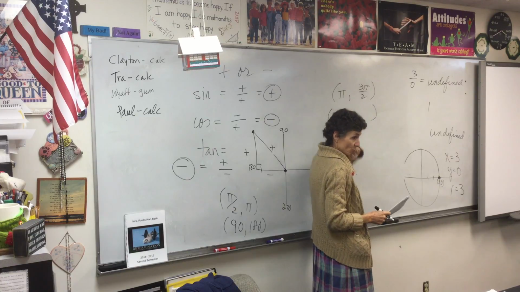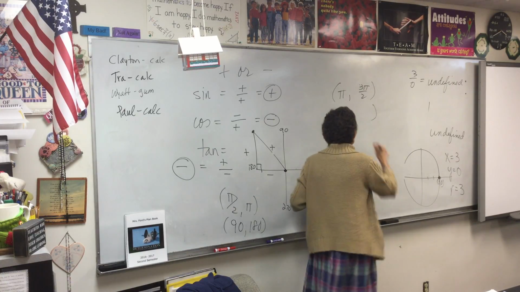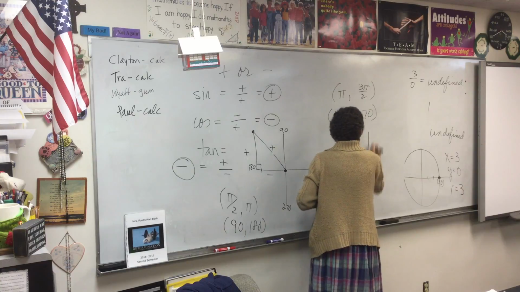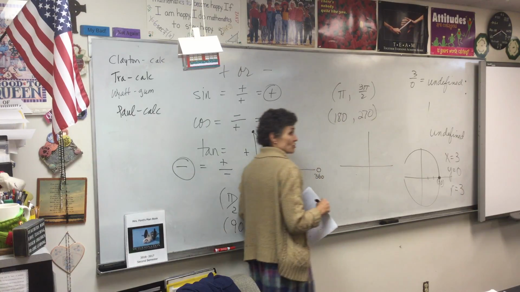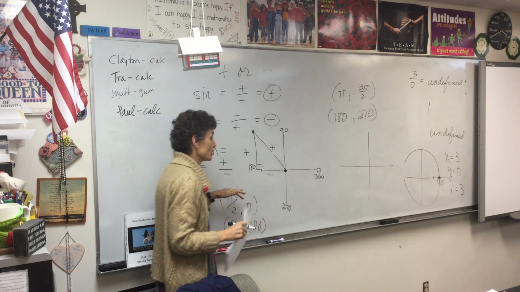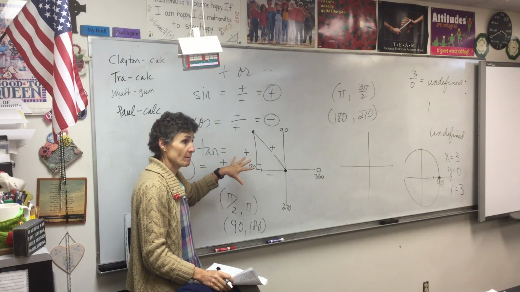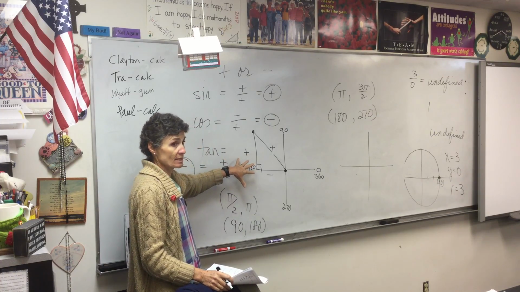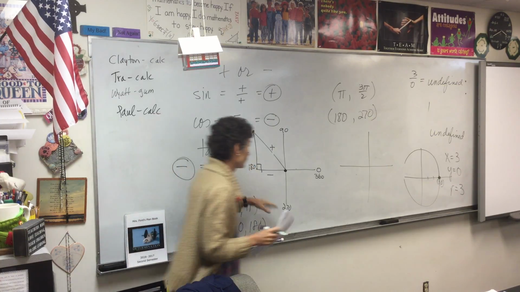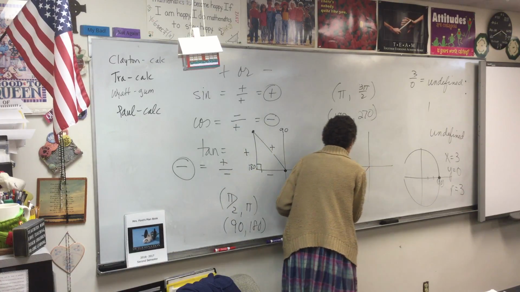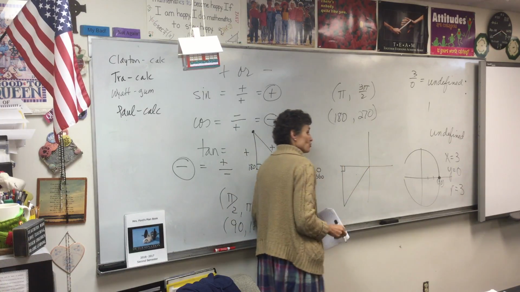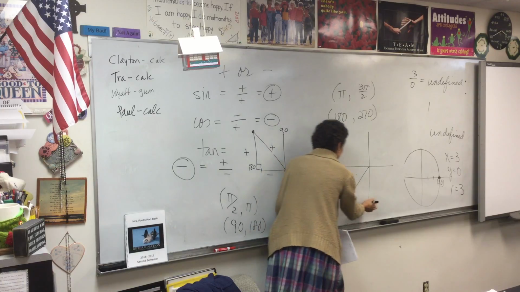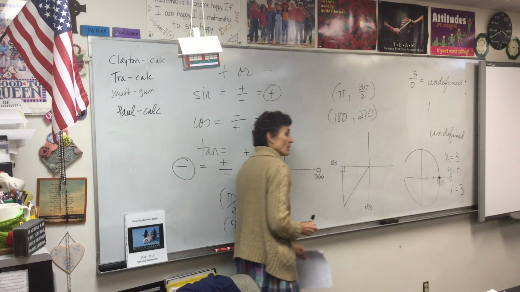Times 3 is 270. So I'm looking between 180 and 270 now. So where will I be looking if I'm looking between 180 and 270? Quadrant 3. So I've got my triangle, my butterfly bow tie, drawn between 180 and 270. So that's quadrant 3.